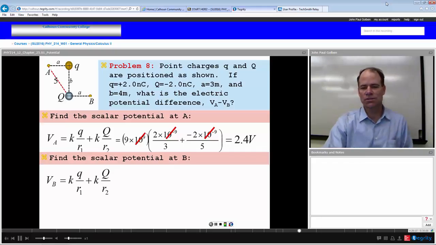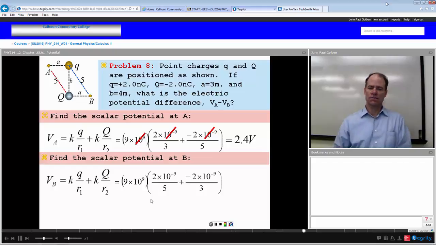What's the potential at B? Do the same thing. kq over r_1 plus kQ over r_2. Now at point B, it's little q that is actually 5 meters away because a is 3 meters, b is 4 meters, and we have ourselves a 3, 4, 5 triangle there. So little q is 5 meters away, big Q is only 3 meters away.